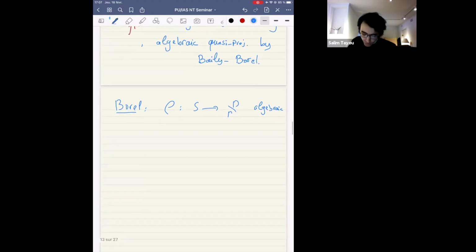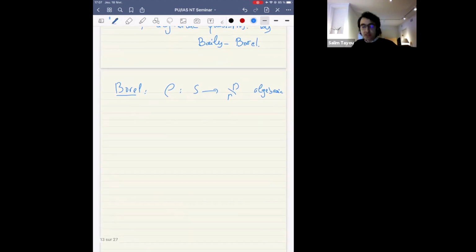Yeah, so the idea to study the Noether-Lefschetz locus is to intersect S inside this D mod gamma with the family of divisors that we call the special divisors, which have a lot of interesting and nice arithmetic properties.